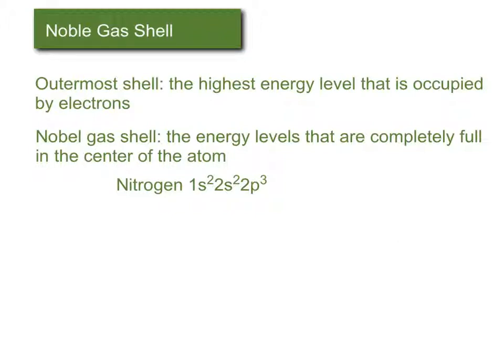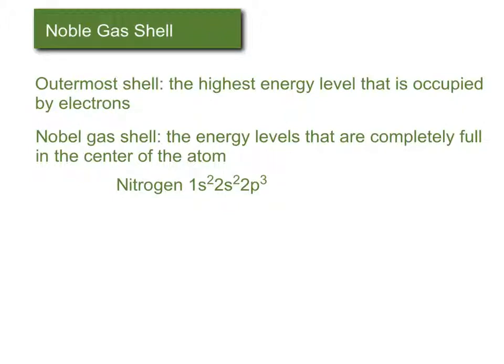If you look at your periodic table, the noble gas that has just 2 electrons is helium. A noble gas is always going to correspond to a completely full shell. We're going to call that the noble gas shell, or I'll often refer to it as the core electrons. It's what's in the middle.